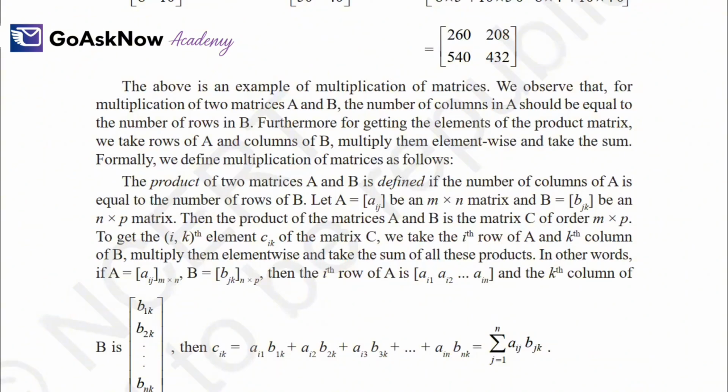Let A = (Aij) be an M cross N matrix, and B = (Bij) be an N cross P matrix.